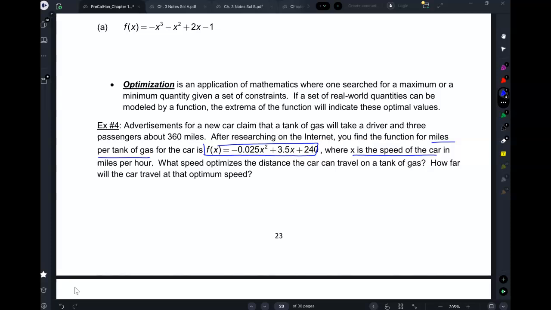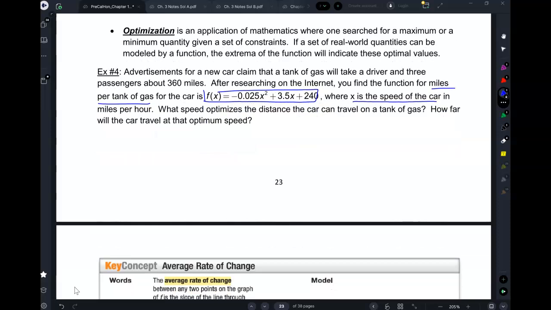You could imagine if you're driving really, really fast, you're not going to get that many miles per tank. So here's the question: what speed optimizes the distance you can travel on a tank of gas? What speed should you be driving so you can get the most miles out of that one tank?